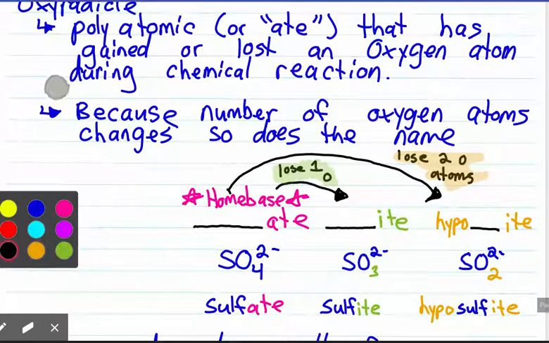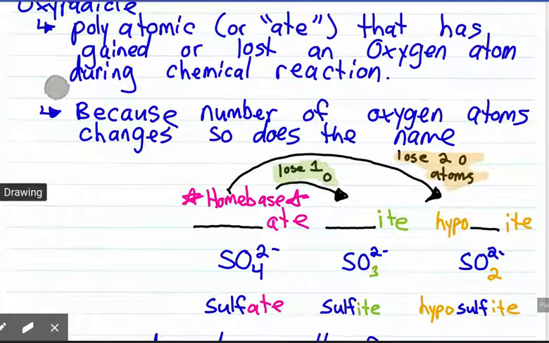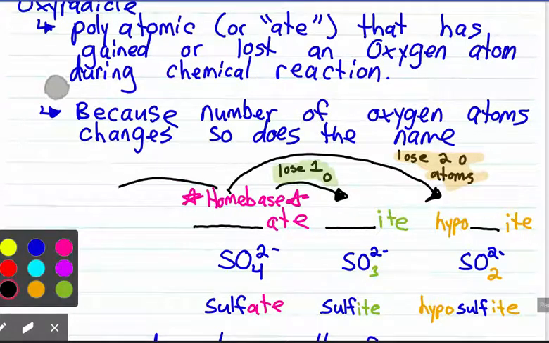We can go the other way. Instead of losing oxygen atoms, our -ate can gain oxygen atoms. So what happens if we gain 1 oxygen atom?